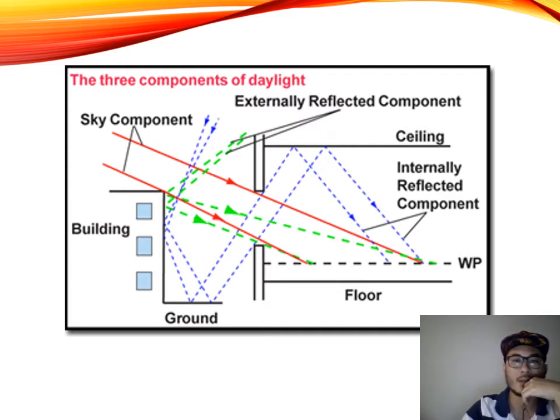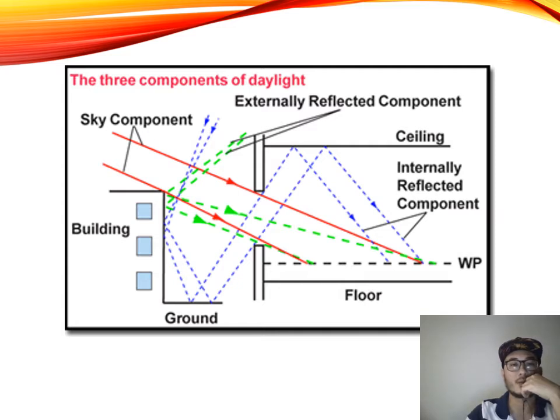And another one is the internally reflected component. They come from many angles, but for example this diagram shows that the sun reflects off the building, reflects again on the ground, and then reflects one more time through the window.